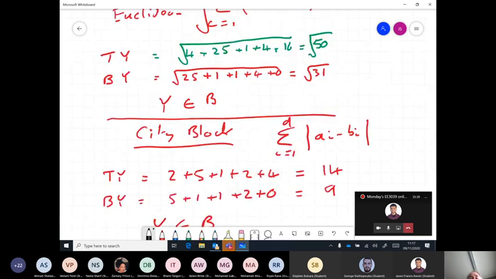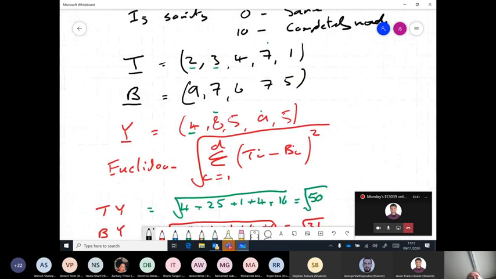So we're looking at comparisons between each element, finding the value of the mod between each element and finding which is the biggest. So looking at the vectors, we're doing TY. The distance between 2 and 4 is 2. The distance between 3 and 8 is 5. The distance between 4 and 5 is 1. Taking the mod, remember, so the sign is always positive. And 2 and 4. The biggest distance is 5.